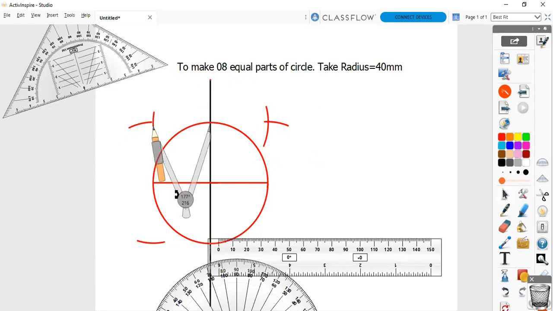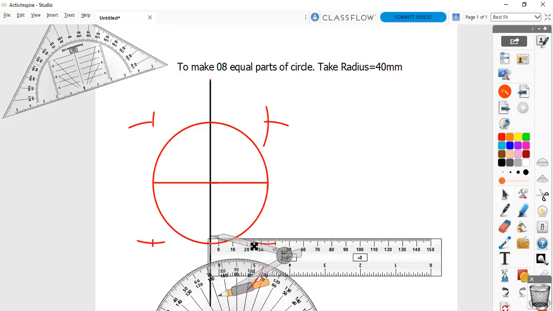So they will meet over here, and this arc is already completed. Put it on this particular point. Complete an arc over this side as well as on the right hand side like this. Use it again over here at this point. We'll give the point its name. Here it will be like this.